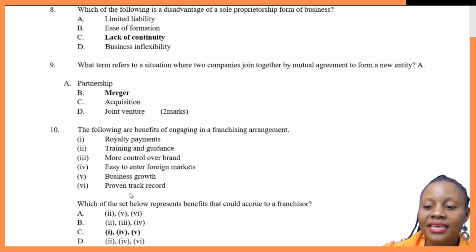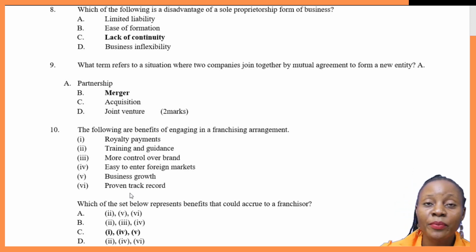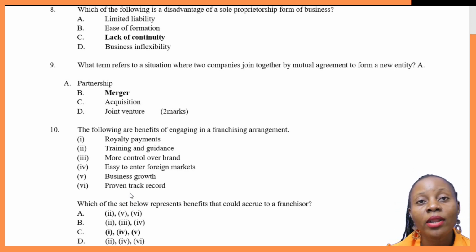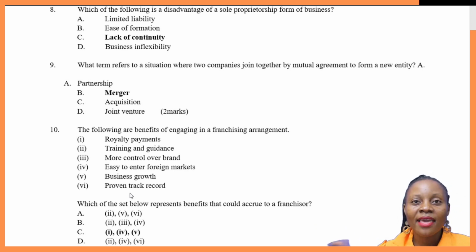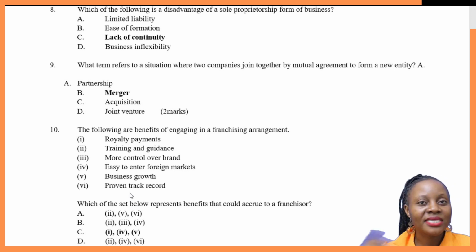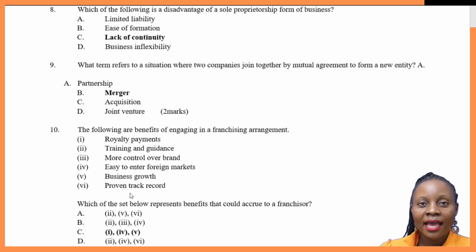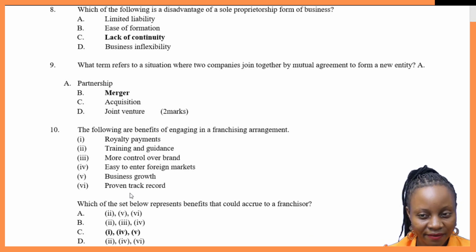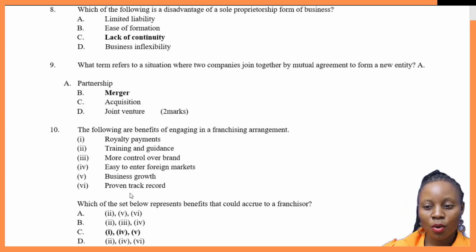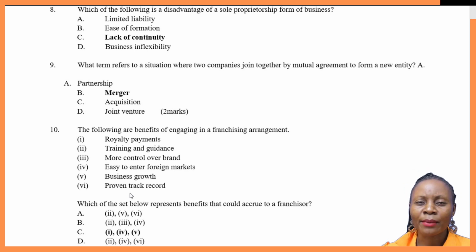And then lastly, business growth. It's going to help you grow because remember, if you are alone, you'll get only whatever you can get. But if you license someone else to go and sell your products elsewhere, that is how you can grow your business, because your products will be sold here, your products will be sold elsewhere, but at the end of the month, depending on the agreement that you had with the person, you get some royalty or some payment, which can also help your business to grow.